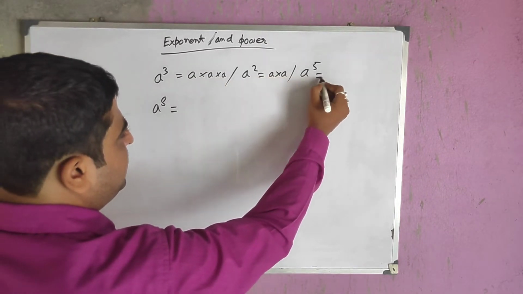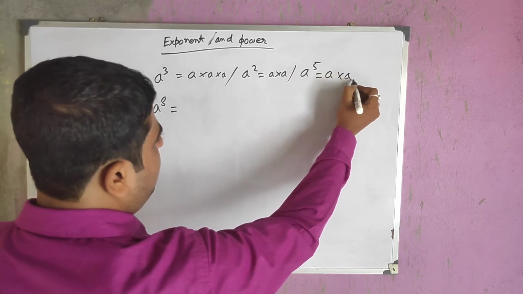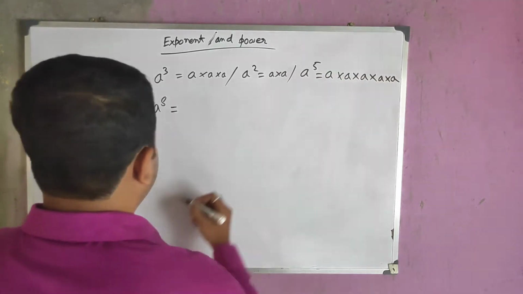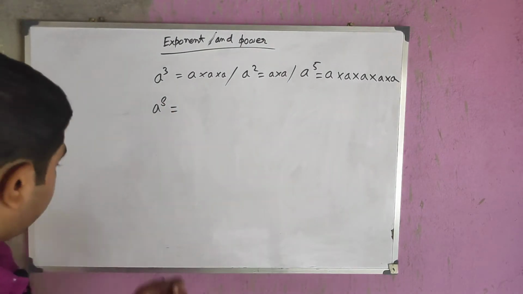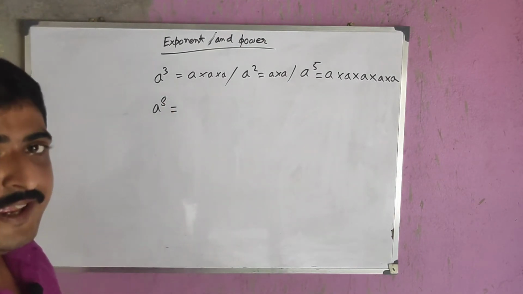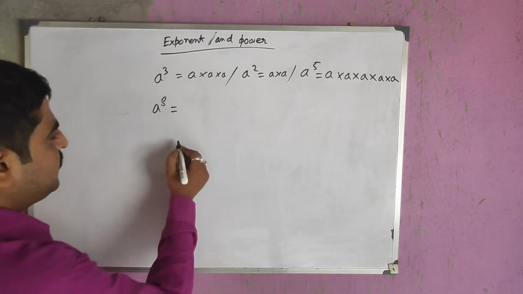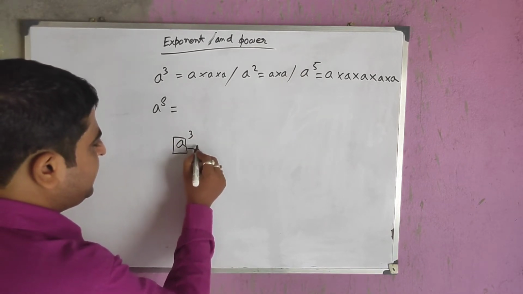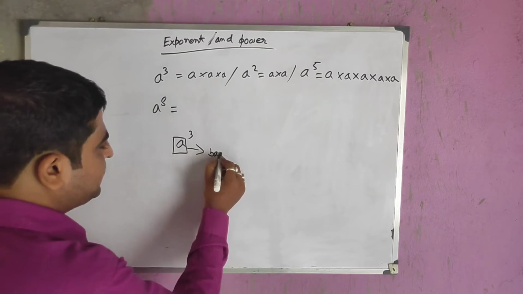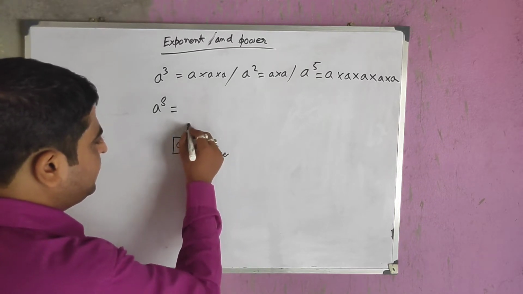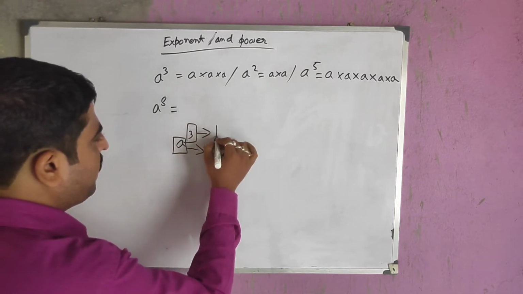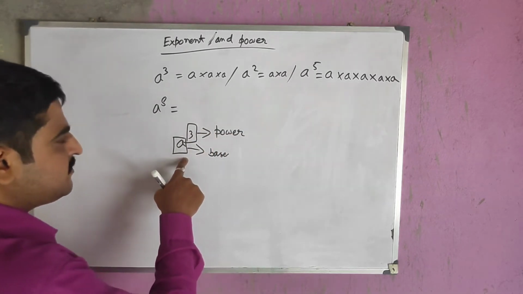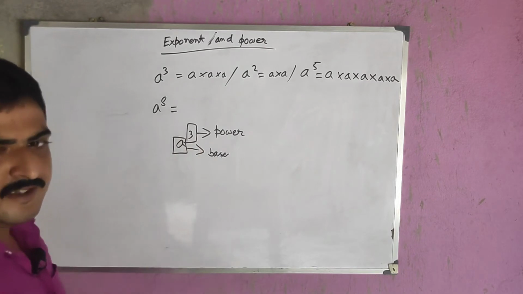A to the power 5 means a into a into a into a into a. Like that, a to the power 8 means you have to multiply a 8 times. So in a cube, this a is called the base and this is the power.